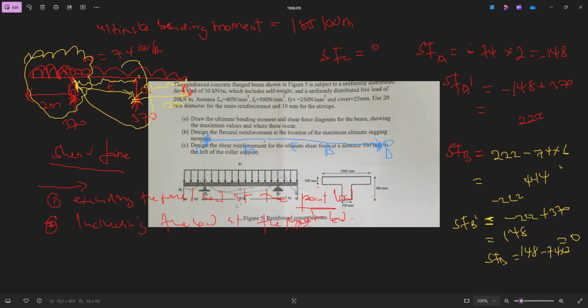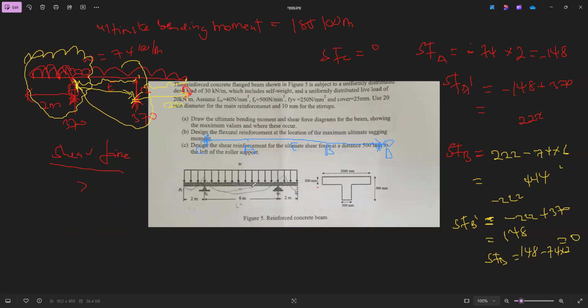Let's go. At C, we calculated it once. At A, what value did we get? Minus 148 and 222. So let me clean here so that the shear force diagram comes in.